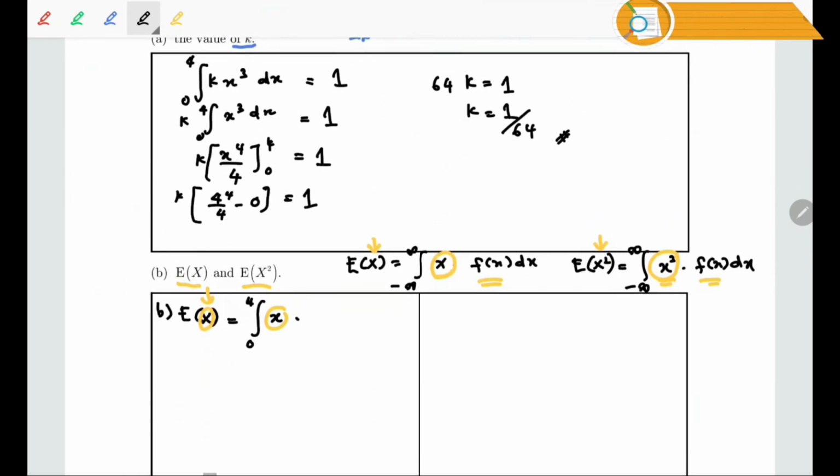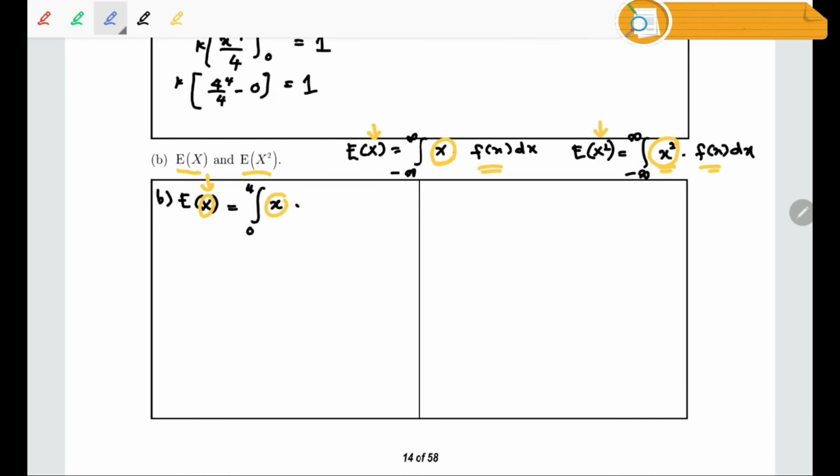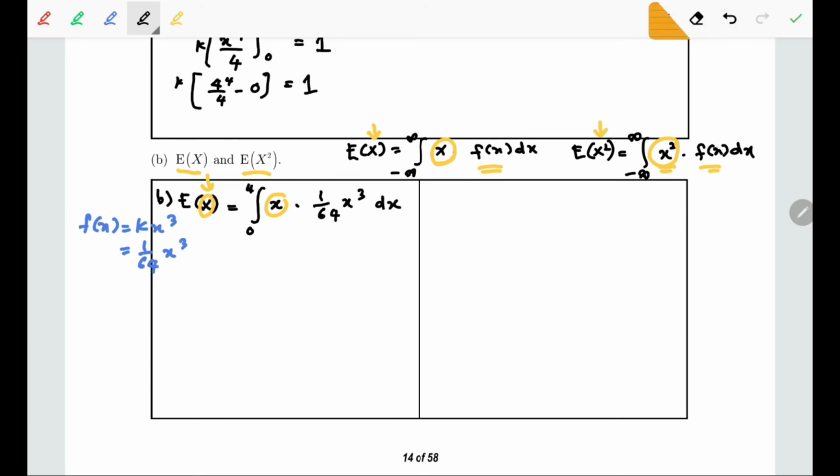The function f(x) given is kx cubed, and we found the value of k, which is 1 over 64. So f(x) is 1 over 64 of x cubed. We substitute here: x multiplied with 1 over 64 of x cubed dx.